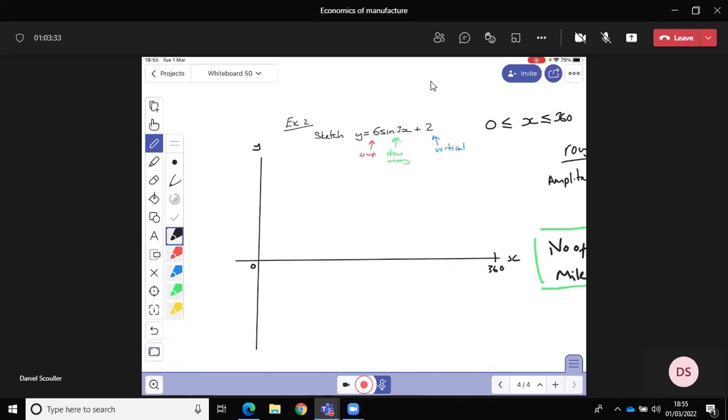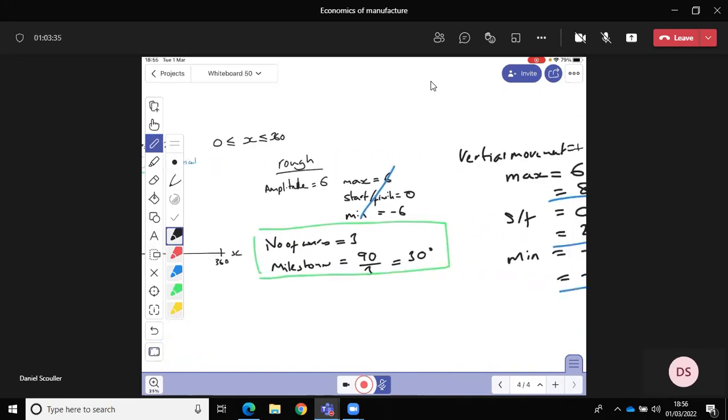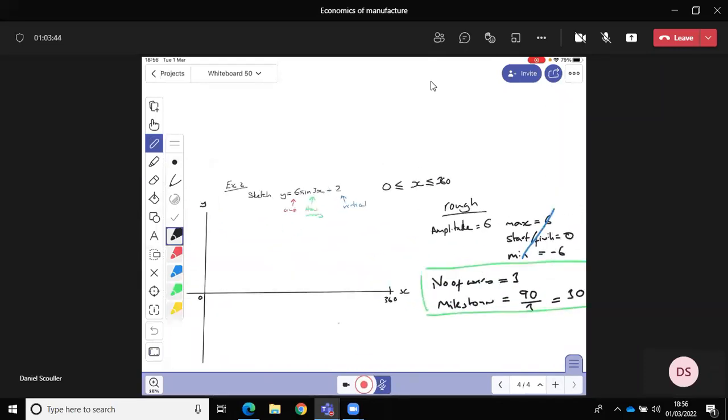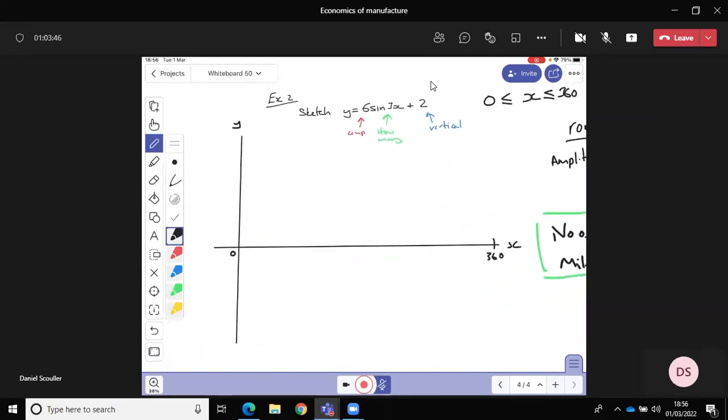Now what else did I find out during my rough working? My maximum is going to be 8 and my minimum is going to be -4. And my start finish point is going to be 2. That x-axis is where y equals 0.